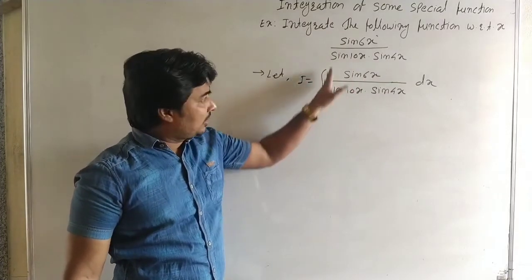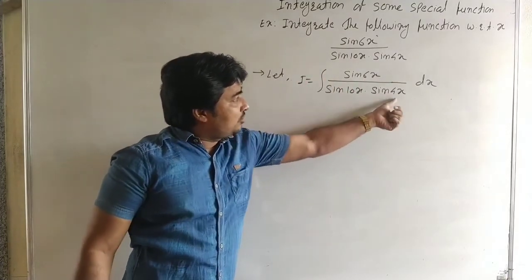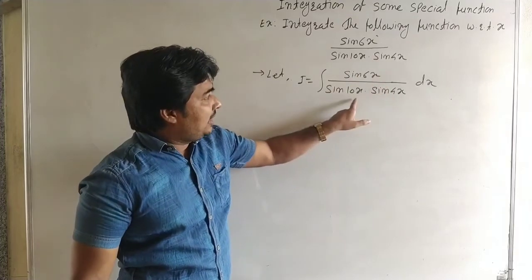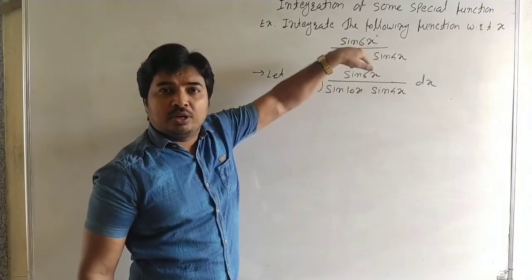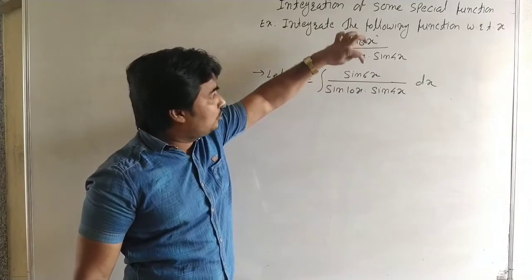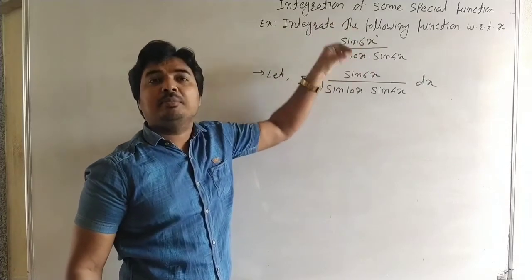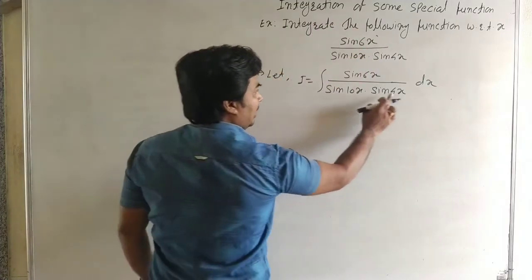Okay, so we adjust these two angles in numerator. Here it is 10x and it is 4x, and numerator is 6x, so 6 can be written as 10 minus 4.